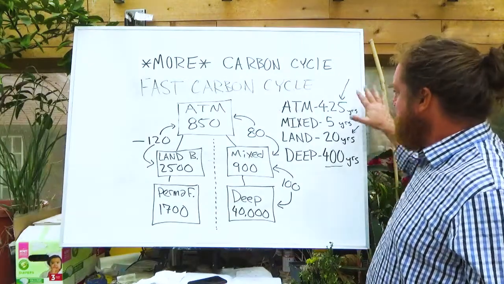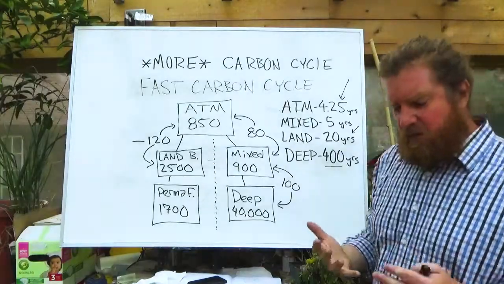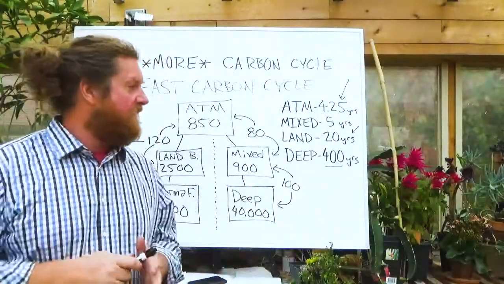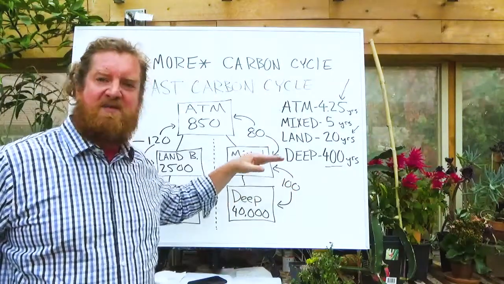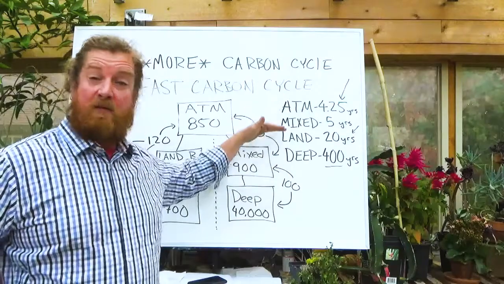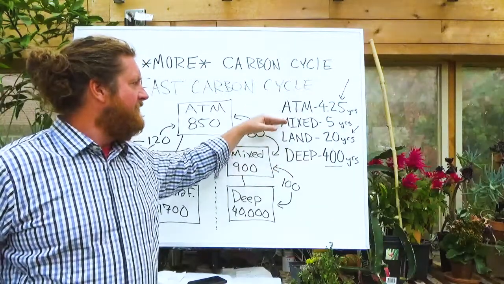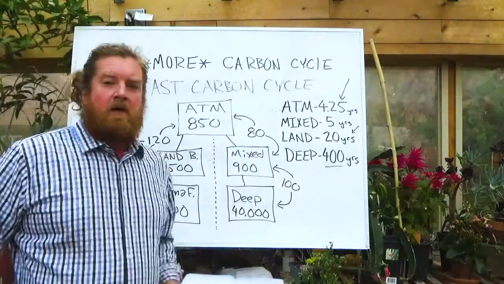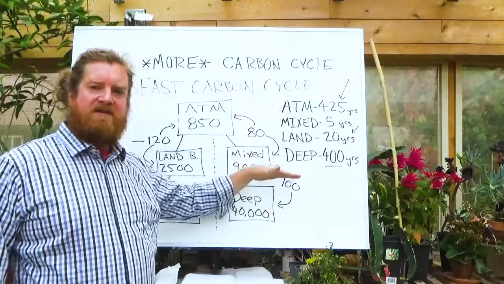And like I said, this idea of residence time, that's really where we get into the slow carbon versus fast carbon discussion, right? So all of these would generally be considered pretty fast. Deep ocean and land are a little longer, but the mixed layer and the atmosphere, that's a pretty quick turnaround. So hopefully you can understand where these numbers come from.